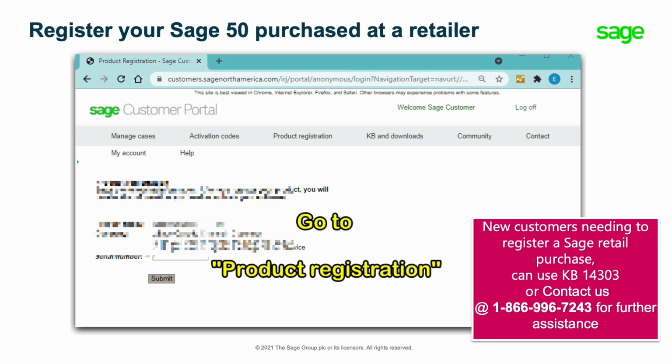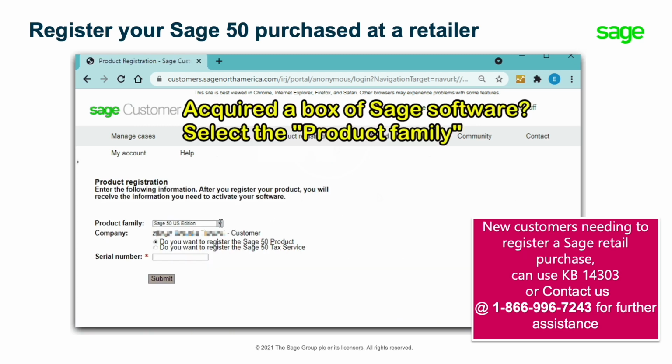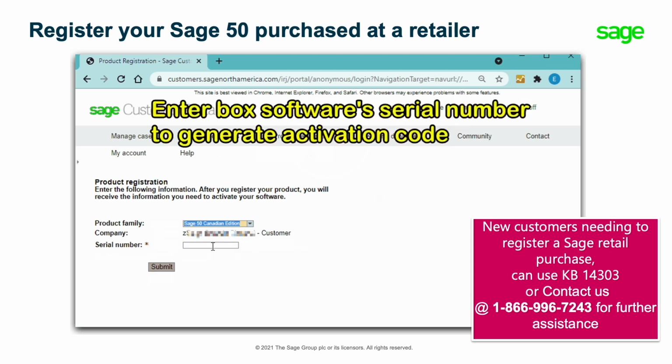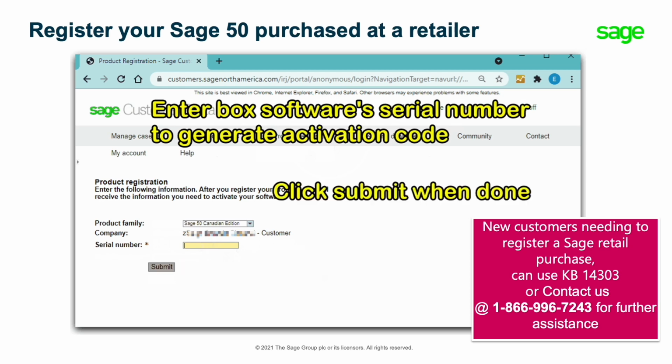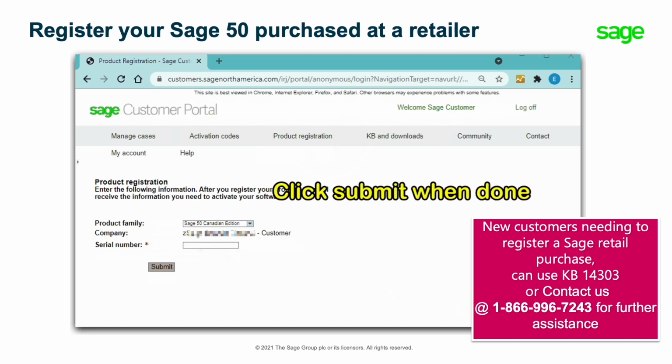After signing into the customer portal, click on the Product Registration tab. Select the appropriate product family. Enter the serial number. It's usually located on the disk, and click Submit. Review the information, and if correct, click Register. We will show you how to retrieve your product codes later in the presentation.